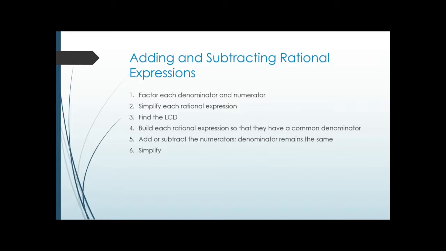When you're adding or subtracting, you always look at the tops of the fractions, the numerators, and your denominator stays the same. Once you've combined them, then you simplify it. Sometimes you have to factor again in order to simplify. And that's it. So we're going to go through examples here just to demonstrate how this works.